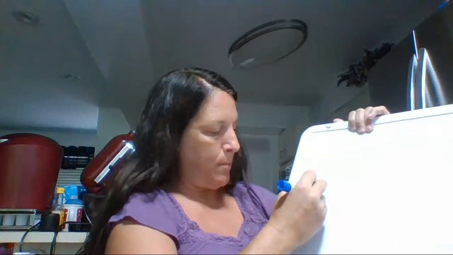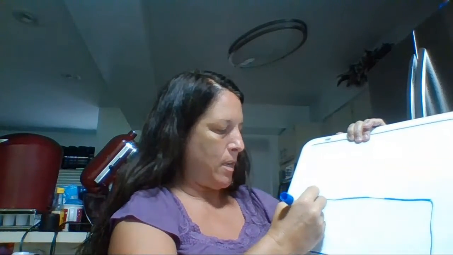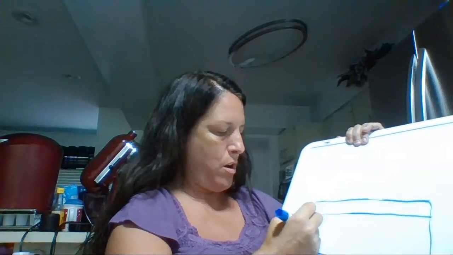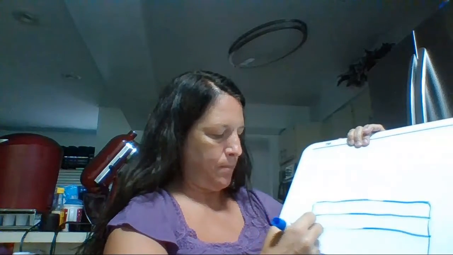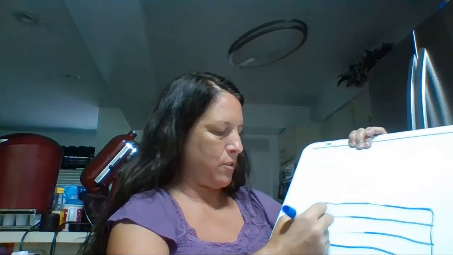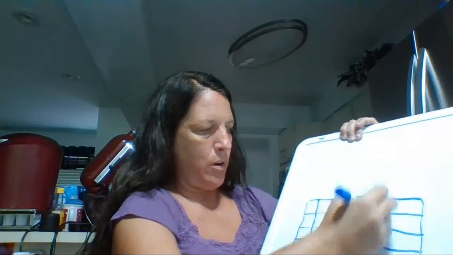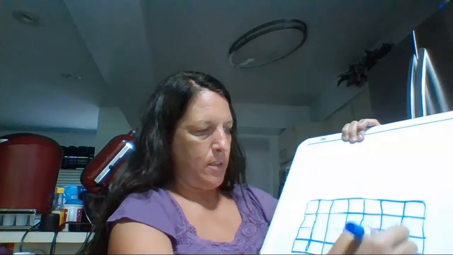So there's a big rectangle that looks like this, and it has 4 rows and 7 columns. Let's see if I can manage to do 7 columns. 1, 2, 3, 4, 5, 6, 7.